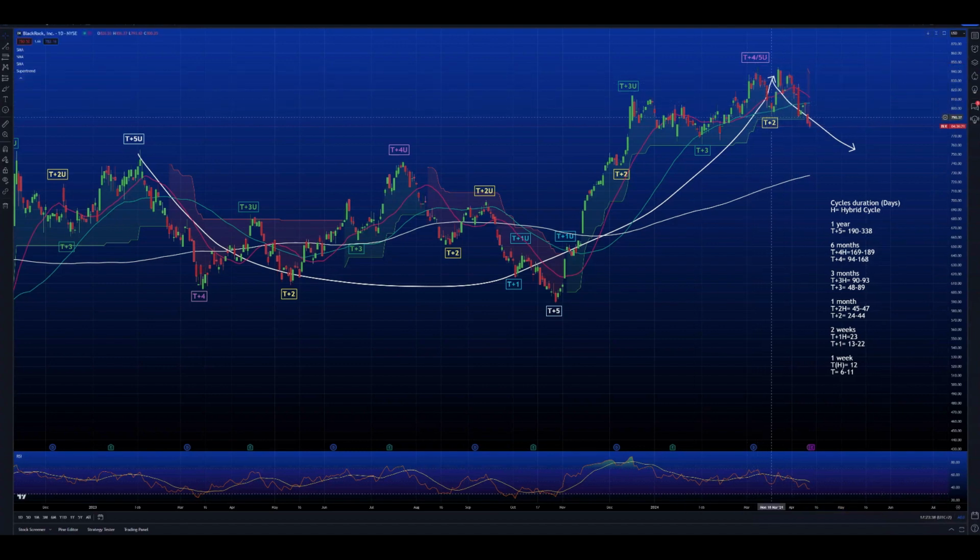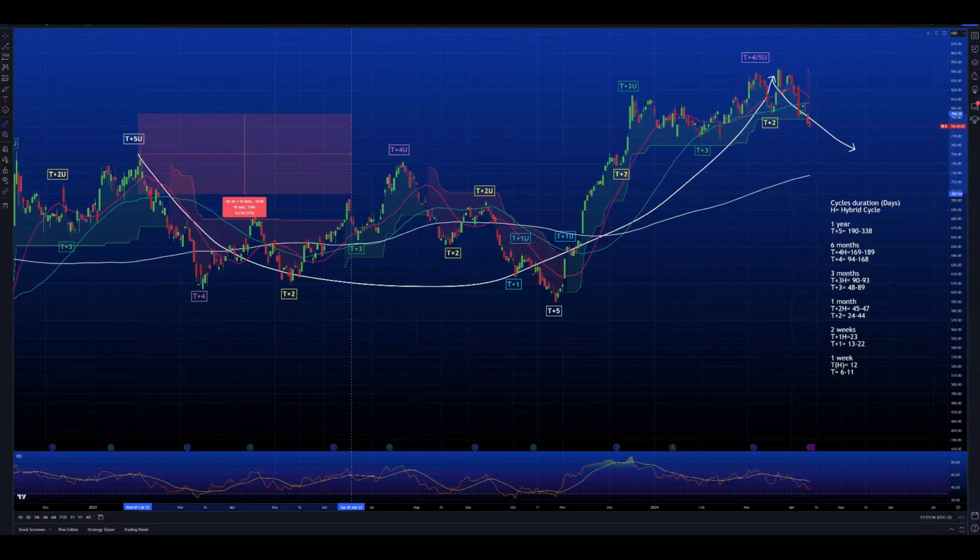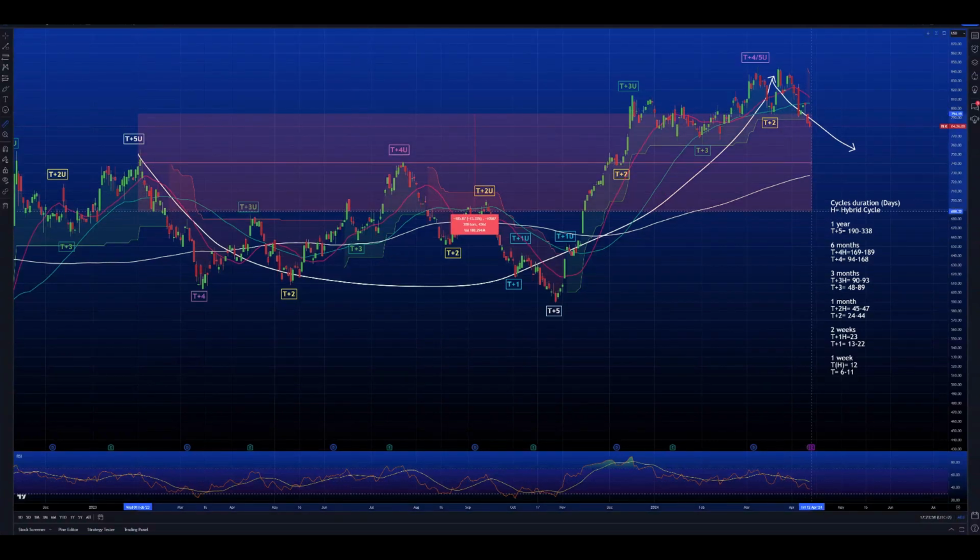But the fact that with this minimum here, we have already broken this particular checkpoint and also this swing, makes me think that the chances to go back to the top, even if there is still time, because we are at 299 days with today and tomorrow will be 300, is particularly seldom.